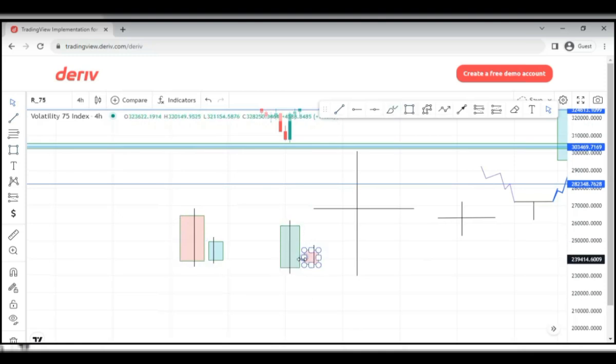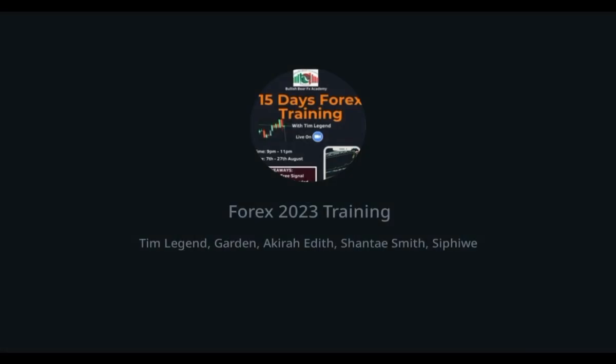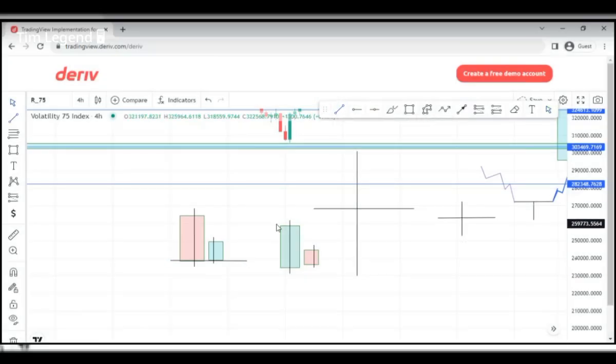Always take note, you want to see it in the right direction. If this is a bullish candle signal, I want to see it at support level, and this one I want to see at resistance level.